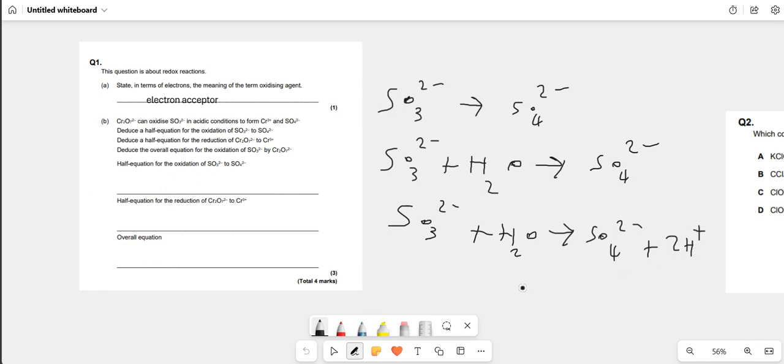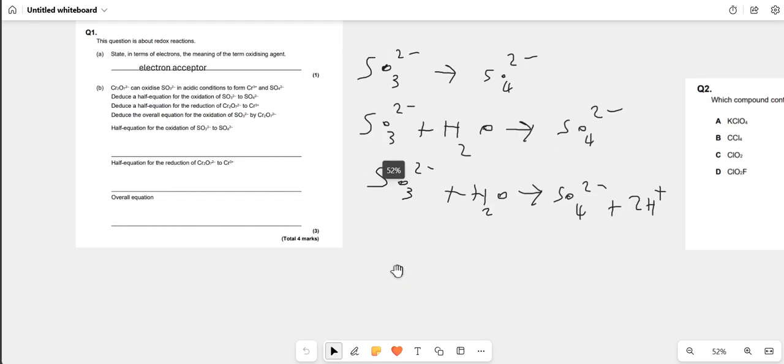Now I need to balance the charges using the electrons. What's the charge on the left? We've got 2-. On the right, we've got 2- and 2+. So I'm going to add 2 electrons onto the right hand side to make it also 2-. Now the total charge on the right hand side is 2-, and the total charge on the left hand side is 2-. So this is the completed half equation, so I can write that down here.